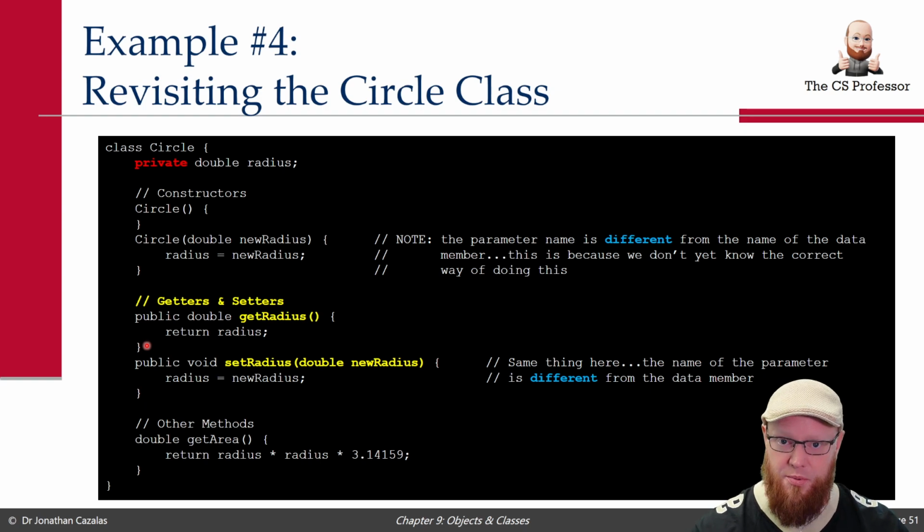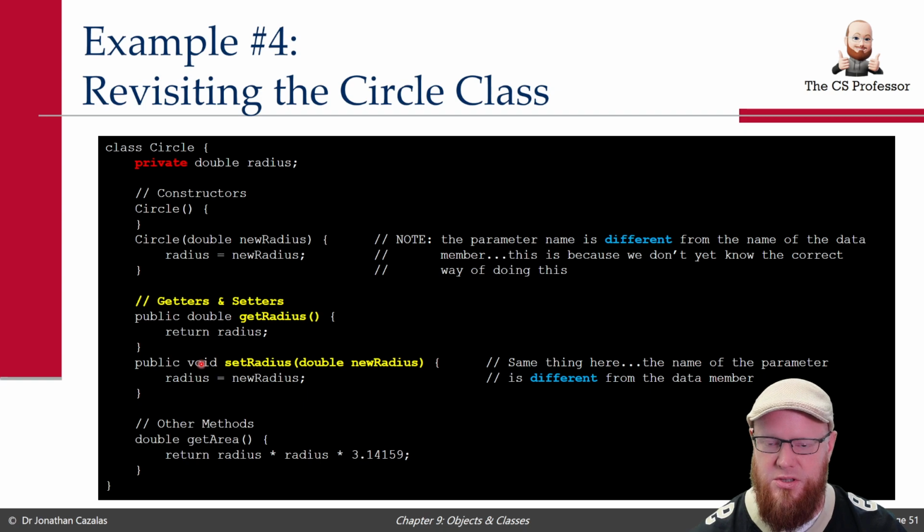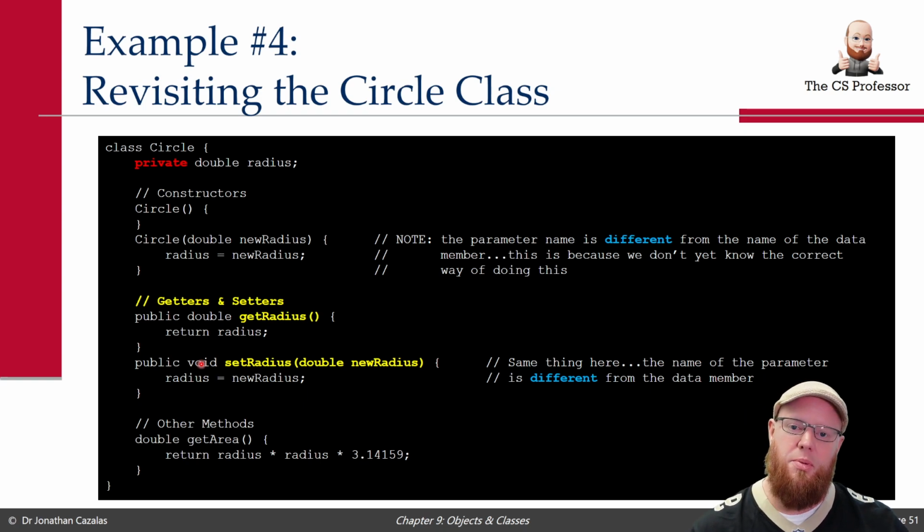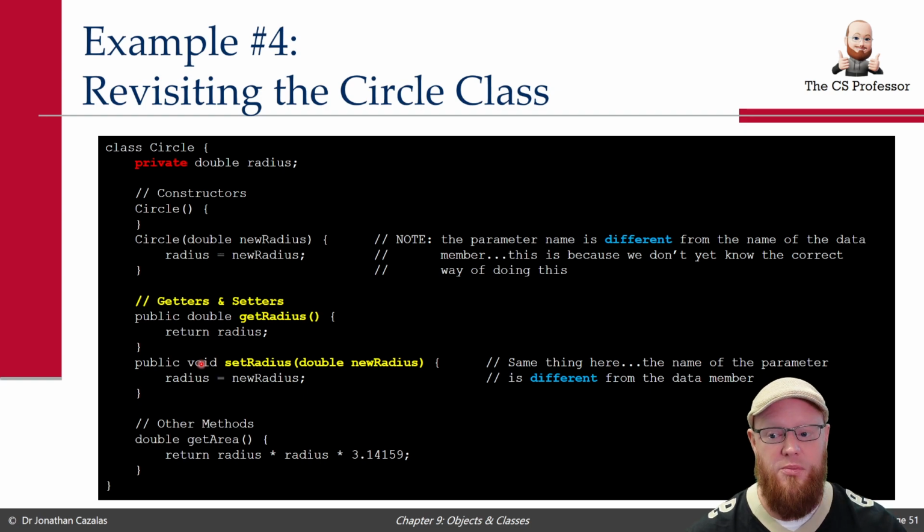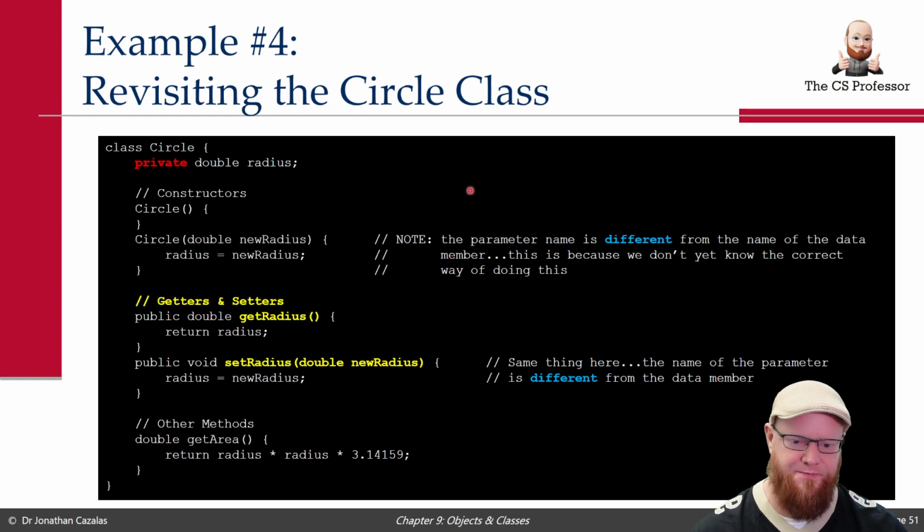So here the developer, in this case it would have been you, has made these getter and setter methods strictly so users outside of this class are able to access the data in radius or even mutate or set the data in radius.